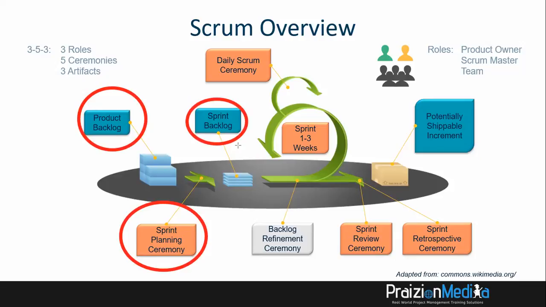We get our sprint backlog. Of course, this is worked on by the team. Sprint planning doesn't just happen with the product owner. The team is involved. Prioritize what needs to be done and take a section of the product backlog, becomes your sprint backlog. It's planned. And then away we go into the sprint. This could be anywhere from 1 to 4 weeks.